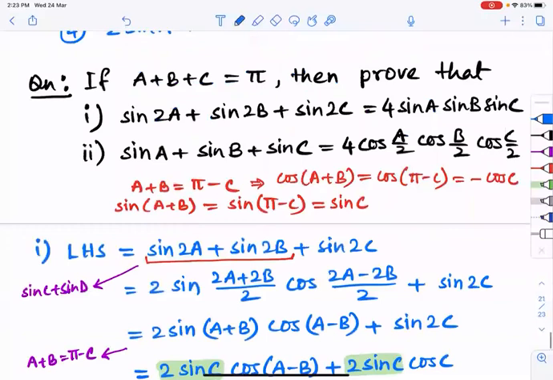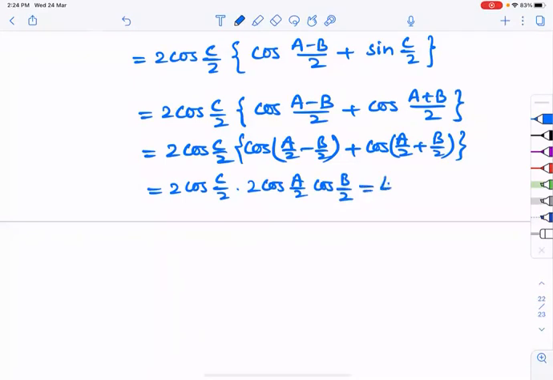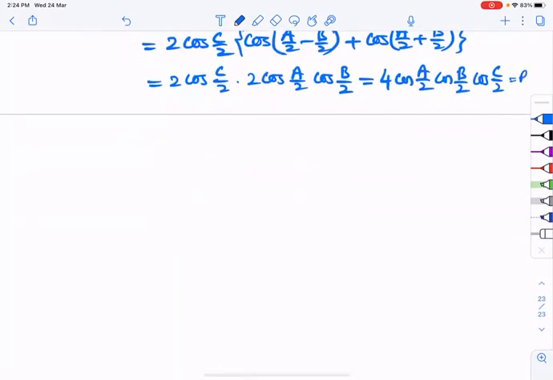So I will get 2 cos C by 2 into 2 cos A by 2 into cos B by 2. When I simplify it, I get 4 cos A by 2 cos B by 2 cos C by 2. And that is the RHS.